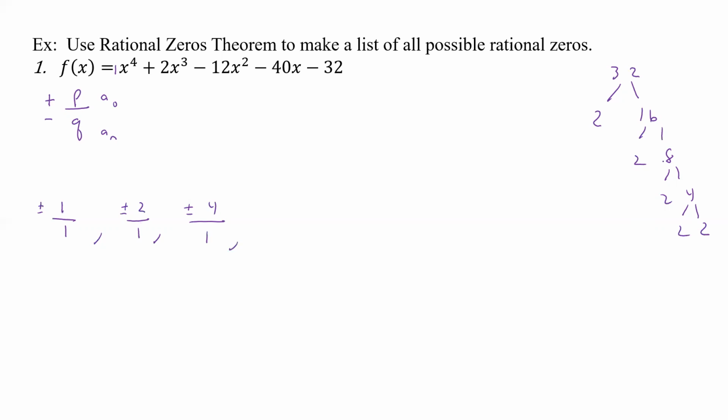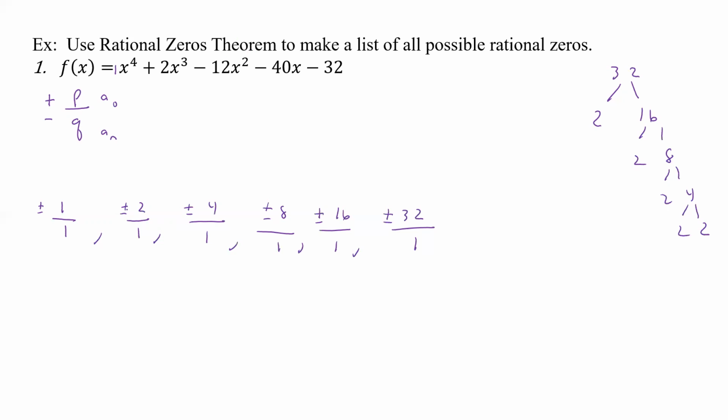We could have an 8, so plus or minus 8 over 1. We can have a 16, so plus or minus 16 over 1. And we can have a 32, so plus or minus 32 over 1. So if you think about that, that's 2, 4, 6, 8, 10, 12 possible rational zeros that we're going to have to test.